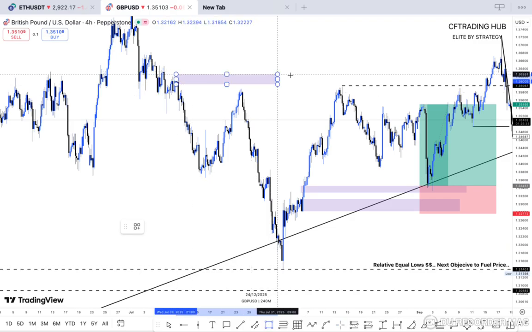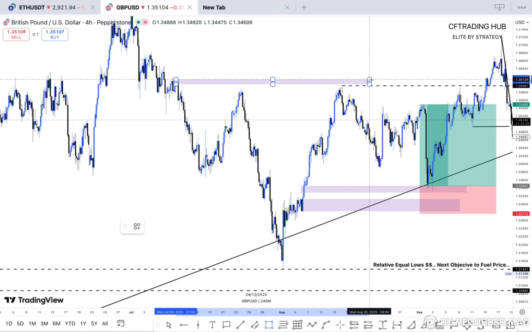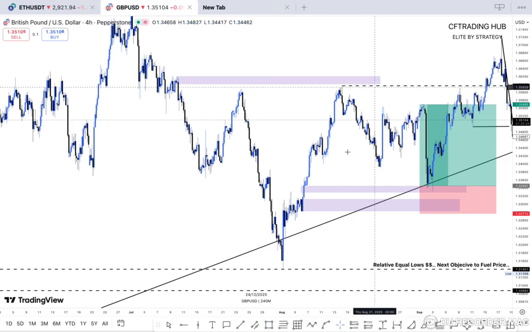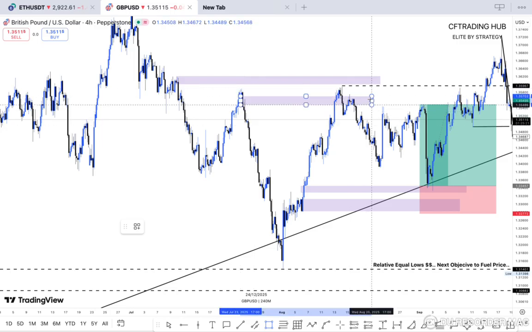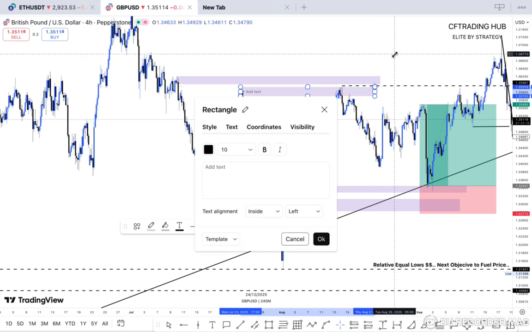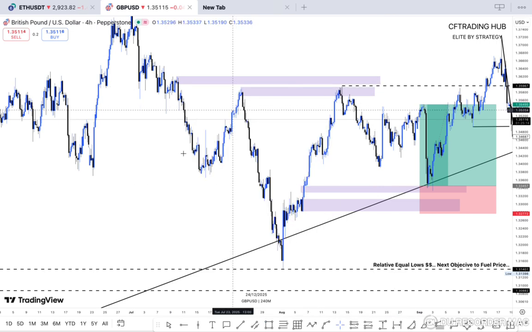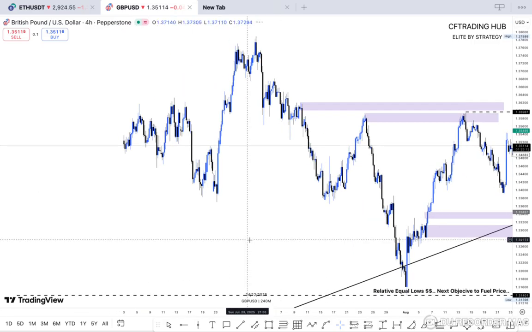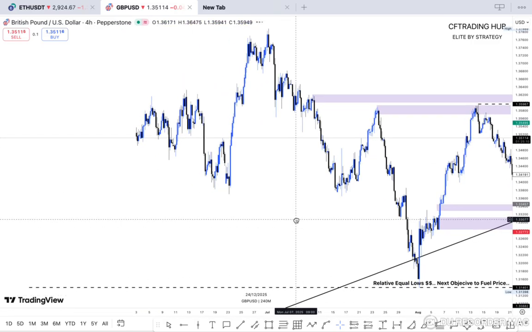But the market doesn't expect it. It almost hit that bit actually. This is another order block over here. I think this particular one would be expected.